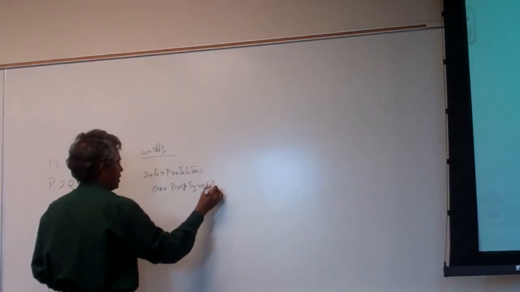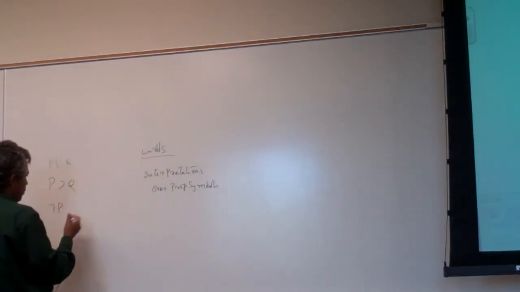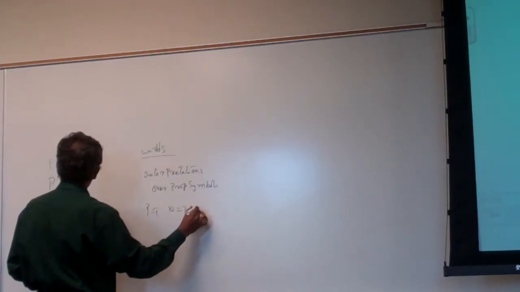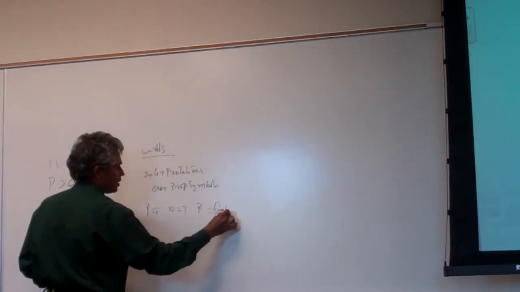So a particular world would be, say, P equal to true, Q equal to true, and R equal to false. That's a world.